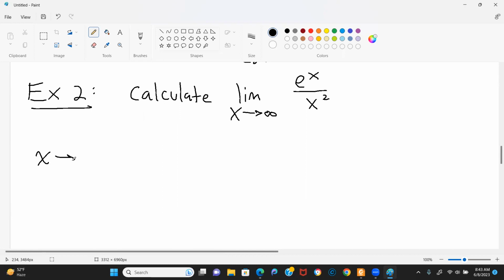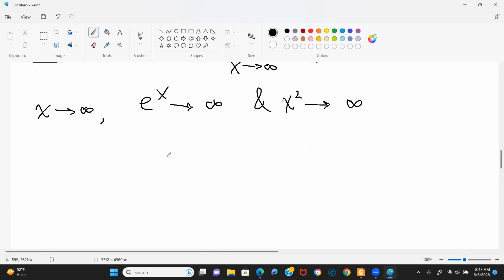So the only thing we need to check is whether or not we get an indeterminate form. As x goes to infinity, e to the x goes to infinity, and x squared goes to infinity, and that can be seen from the graph also. The graph of e to the x looks something like this.